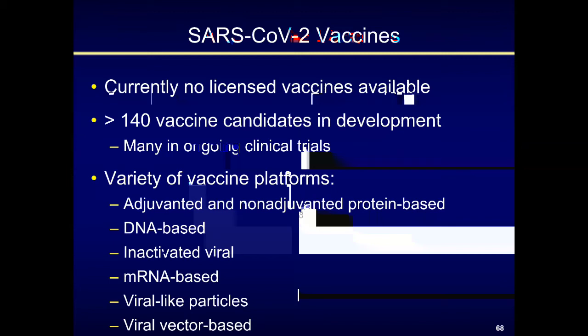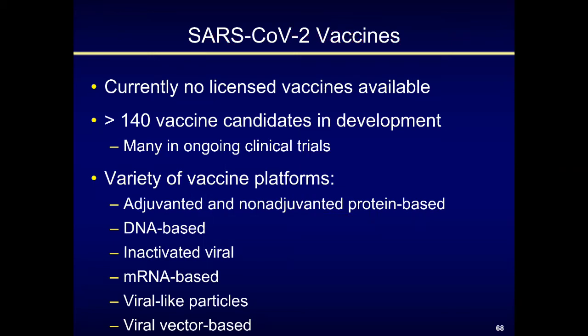We've been hearing about and waiting for vaccines. There are no vaccines that are licensed currently available. There's over 140 candidates in various stages of development. Many are in clinical trials. Some are in phase 3 trials. We've heard about these. And some are being used in other countries, so far not in the US.